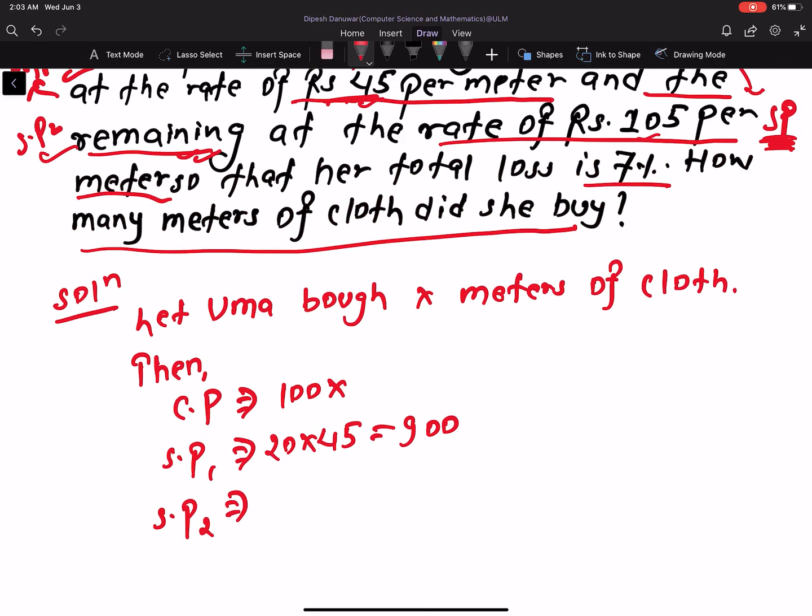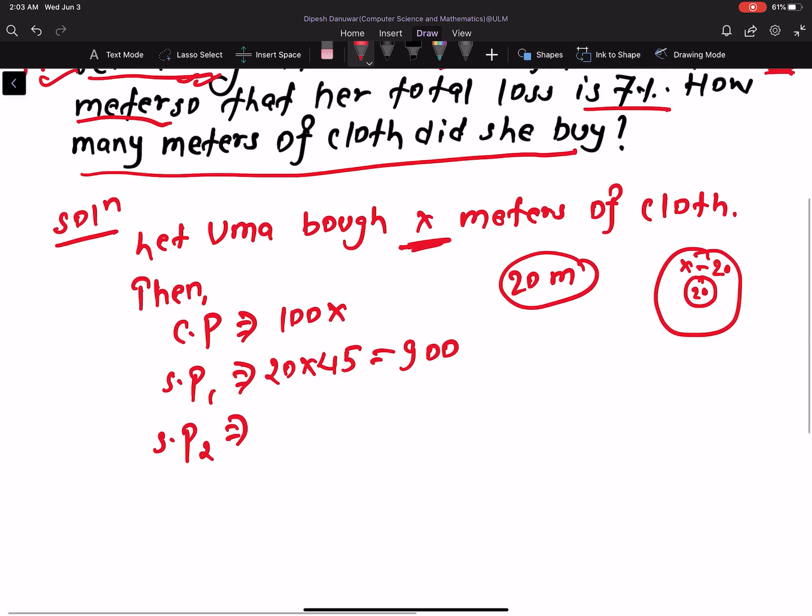And your SP2 will be: the total length is X, and she already sold 20 meters from this X. So how much is left from X?